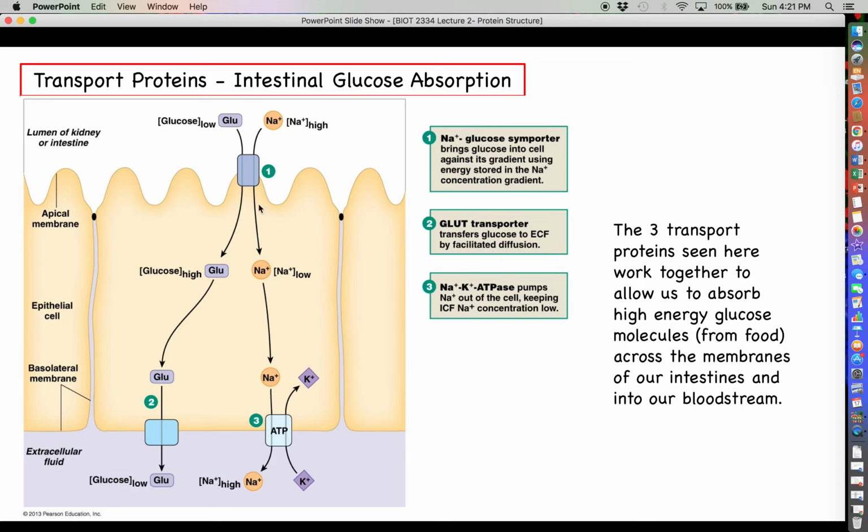You've got this first transporter, which is going to move glucose and sodium inside the cell at the same time. You've got a second transporter that is going to move glucose into the bloodstream, and then you've got the sodium-potassium pump down here at the bottom that is going to function to make sure that we always have a healthy supply of sodium up here to allow glucose in.